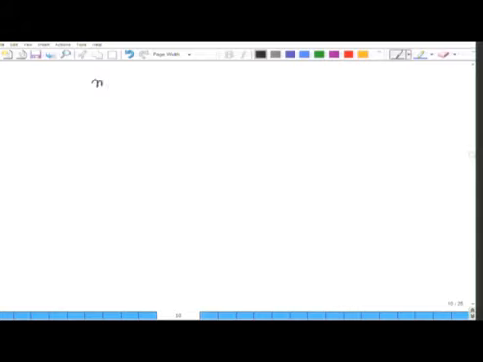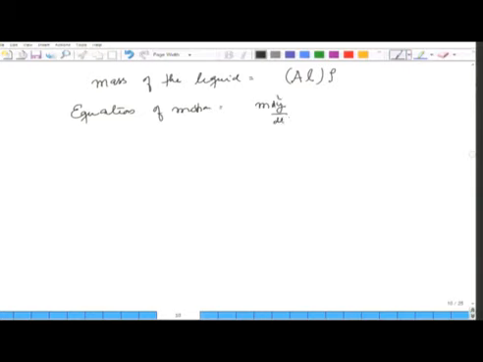The mass of the liquid is the cross sectional area times L is the volume times rho liquid, that is the mass, and therefore, the equation of motion is m d2y by dt square is equal to minus 2 A rho g times y.